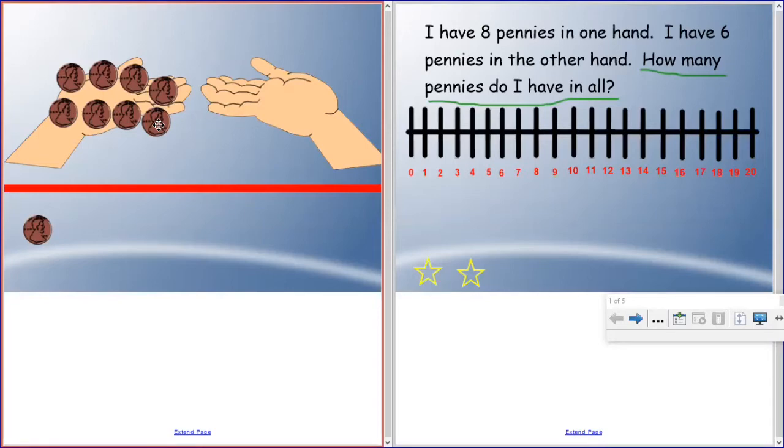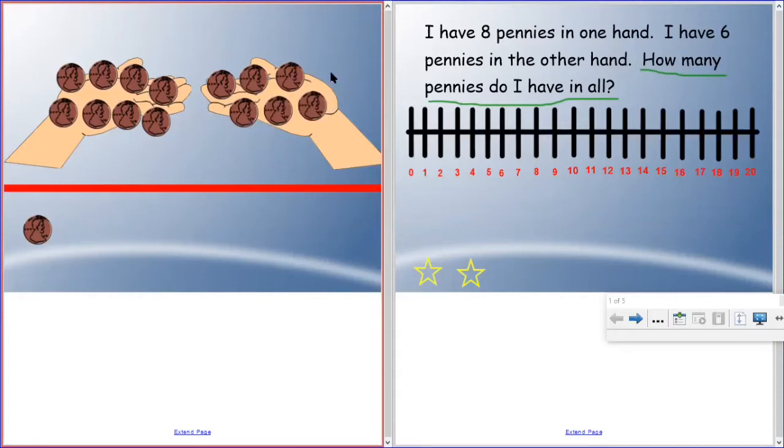Now let's go to the next sentence. I have 6 pennies in the other hand. So I'm ready to put 6 pennies in this hand. Let's count them. 1, 2, 3, 4, 5, 6.